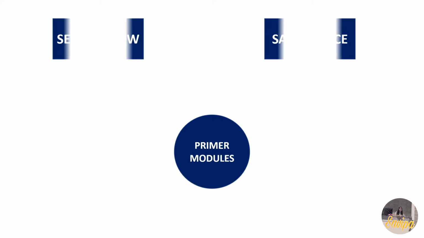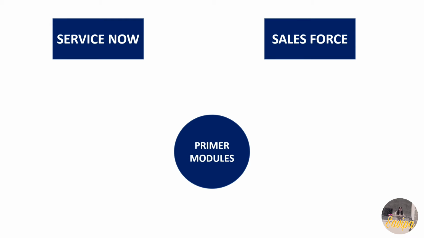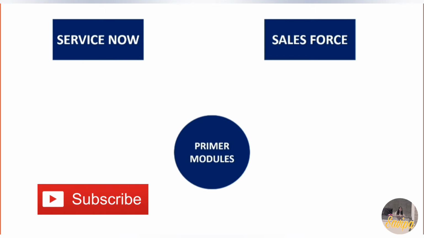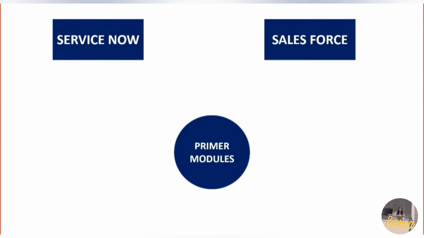There is a lot of confusion here, but I'm going with the inputs given by our subscriber. He told me that if you have chosen ServiceNow as your career option in Accenture, you will have different modules; otherwise, if you have chosen Salesforce, you will have different modules.